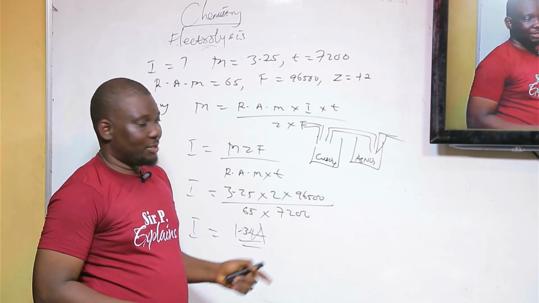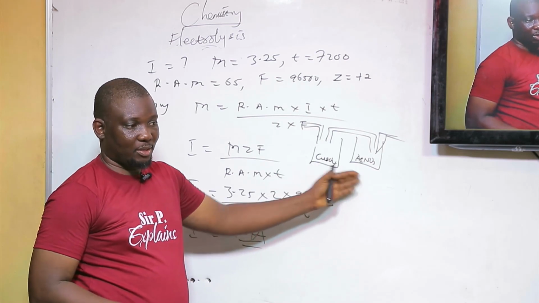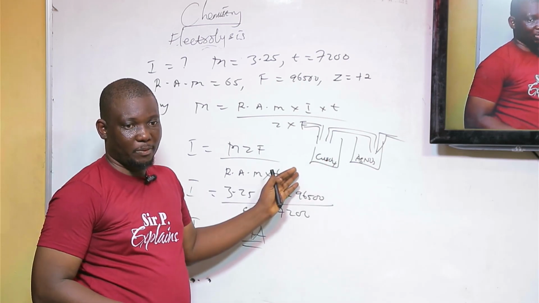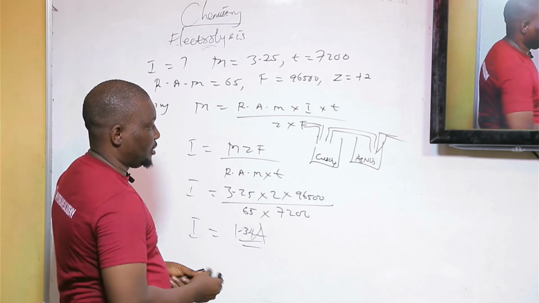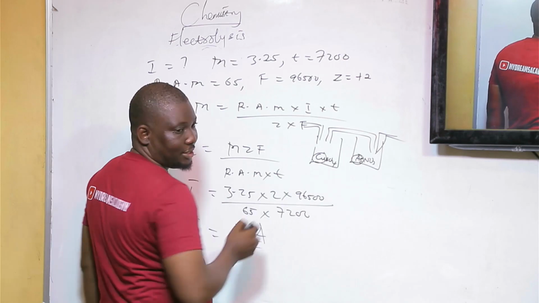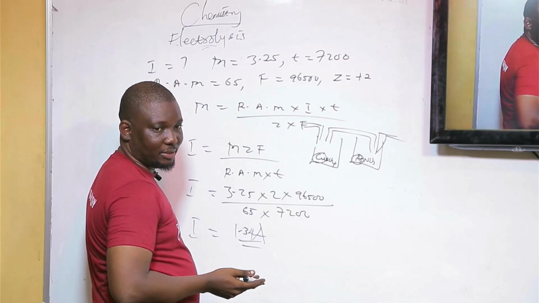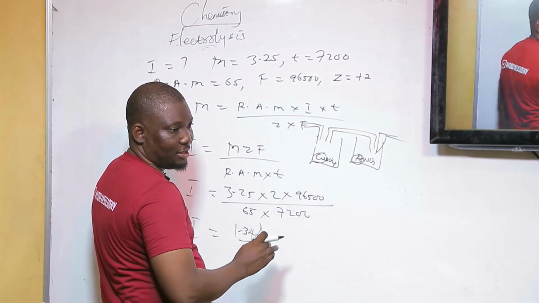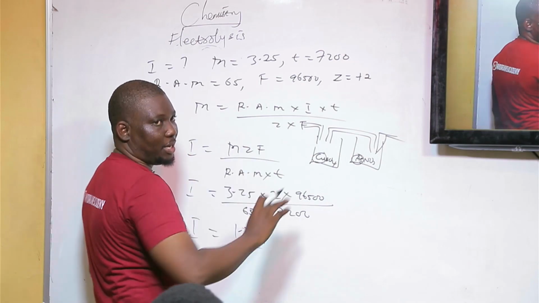In fact, a problem like this cannot be solved with the first law, because you're going to be taking into consideration the mass of two elements at the same time. So this is where you're going to apply the second law.